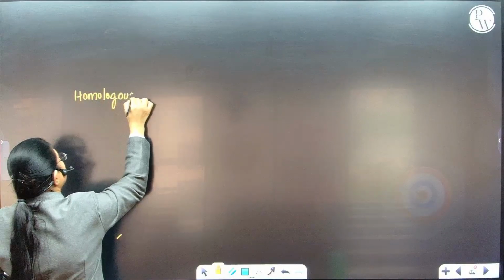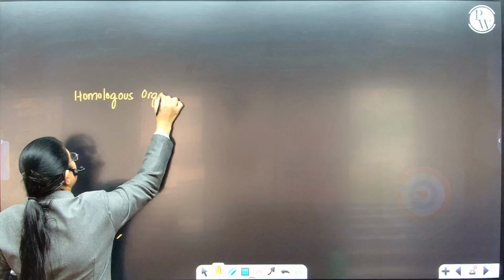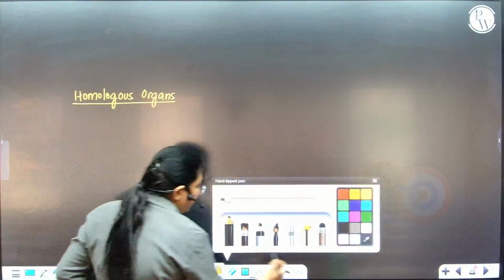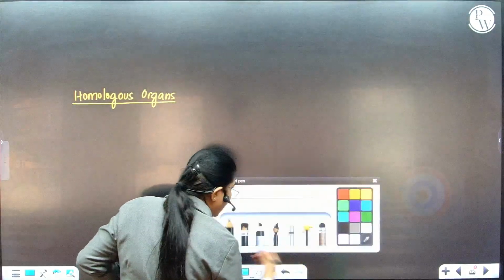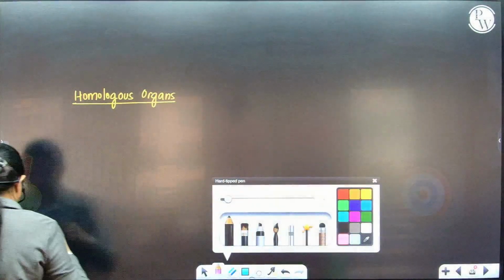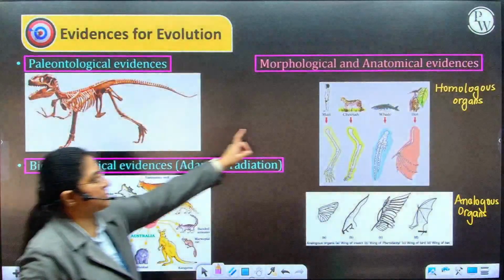Now, when we are talking about homologous organs, let us take the same example which is given in the NCERT.